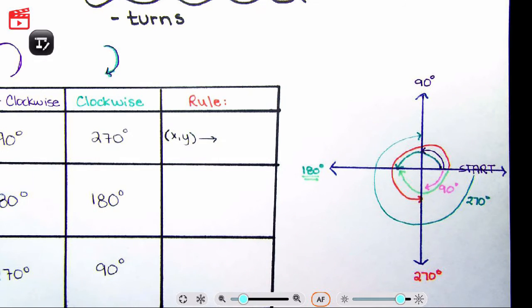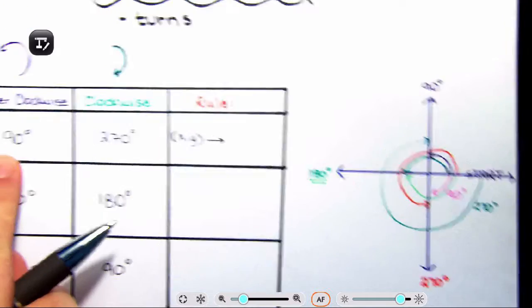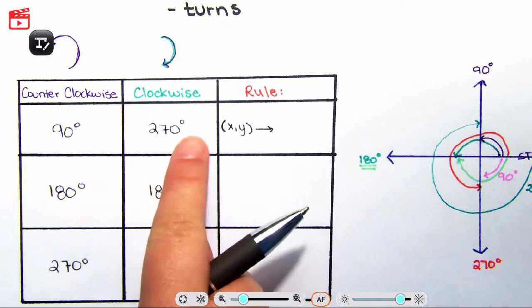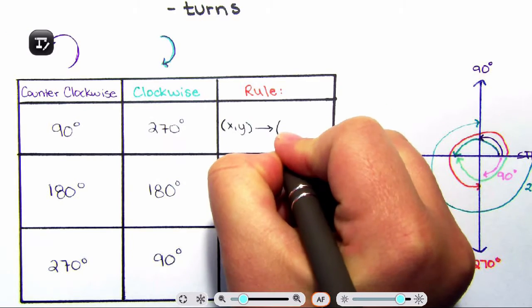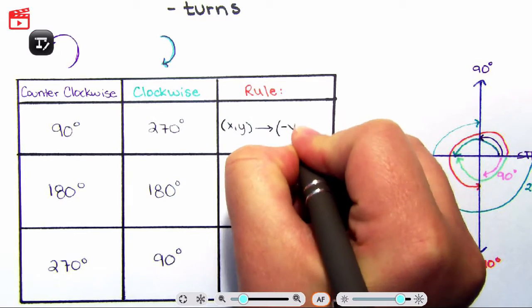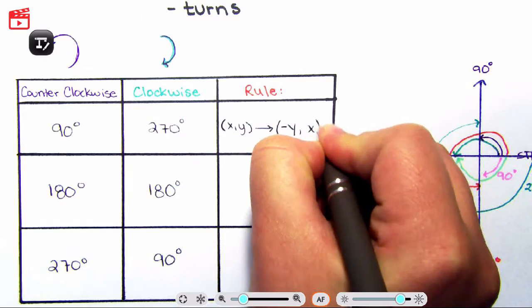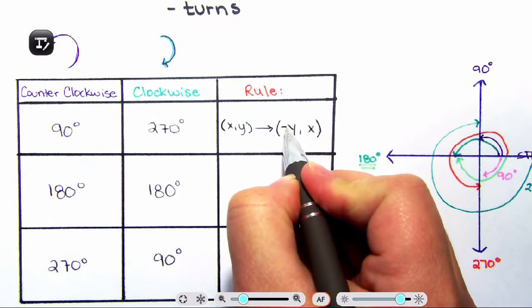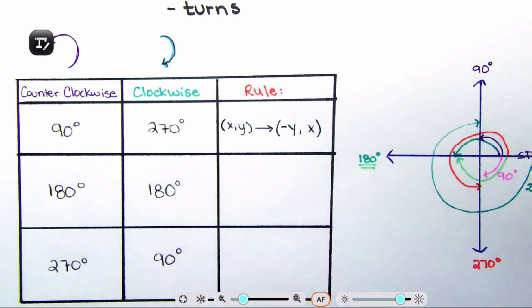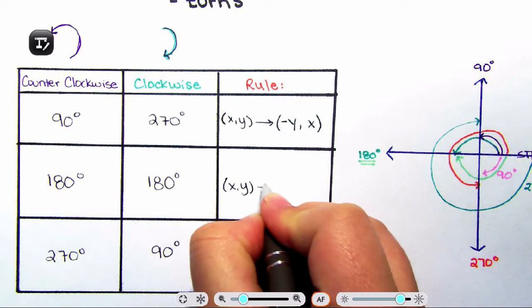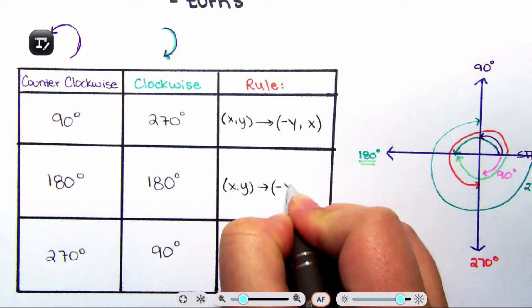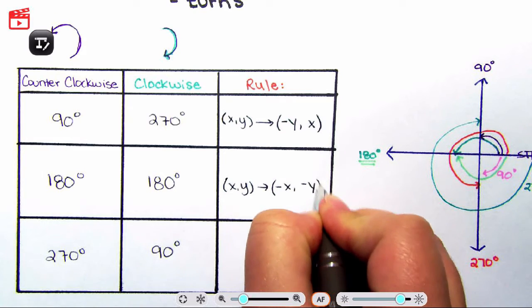So for a rotation of 90 degrees counterclockwise, your rule is you're going to switch the position of your x and y, and you're going to make the new y negative. For 180, you have your original point, and that's going to change to a negative x and a negative y.